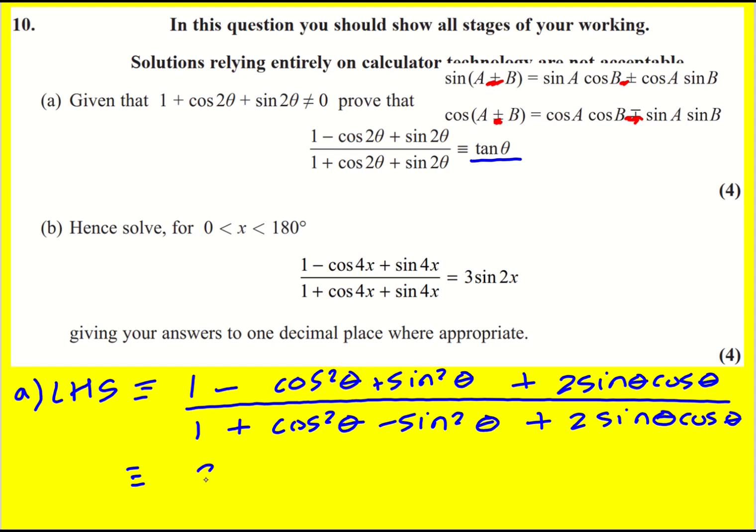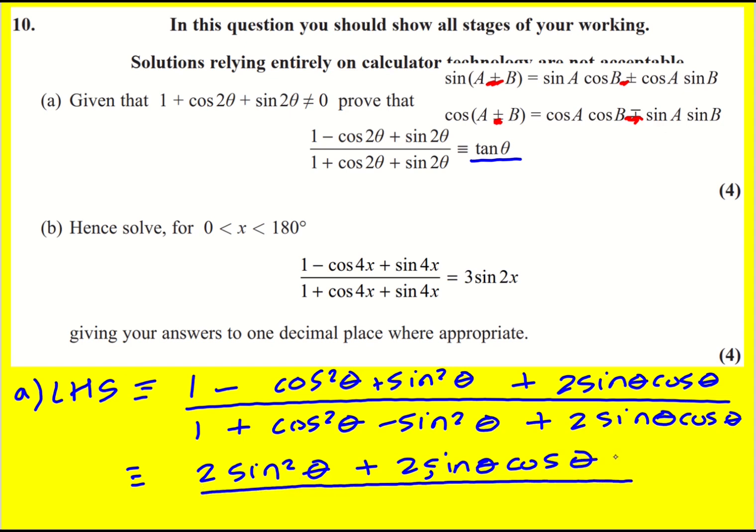So I can write it as 2 sine squared theta plus 2 sine theta cos theta. What's on the bottom? I've got 1 minus sine squared theta. So actually that becomes cos squared theta. And I get 2 cos squared theta plus 2 sine theta cos theta.